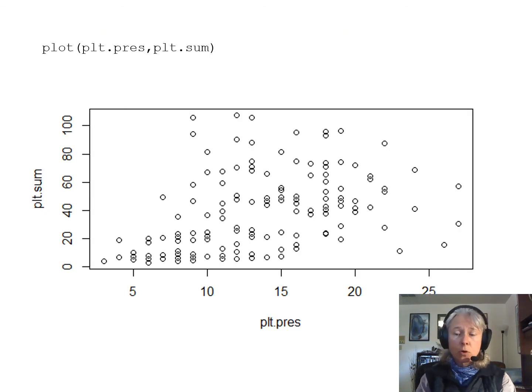To answer our question about the relationship between total cover and the number of species per plot, you make a graph. You can see the result here. There isn't much of a pattern to this, indicating that there's not much of a relationship between the number of species present in a plot and the total vegetative cover of it.